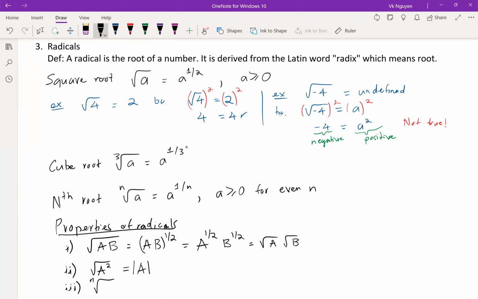The nth root of a to the power m. That is a to the m, to the power 1 over n. Using exponent rules, we have a to the m times 1 over n, which is a to the m over n.